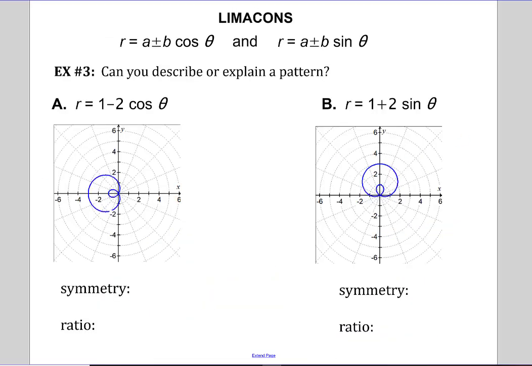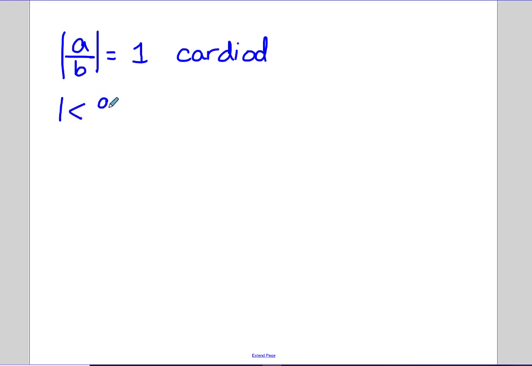And then I guess I need a page to say what the patterns are. So we could say at the beginning, if the absolute value of the ratio is 1, we know it's a cardioid. If we're in between 1 and 2, those are called a dimpled cardioid.